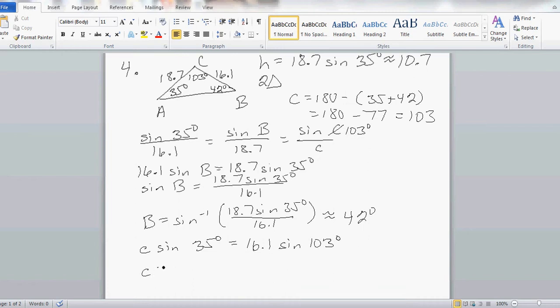Dividing both sides by the sine of 35 degrees, and doing an appropriate rounding, which we're going to go to 2 decimal places because our legs are in tenths already. So it'll be 16.1 times the sine of 103 divided by the sine of 35, which equals 27.35.